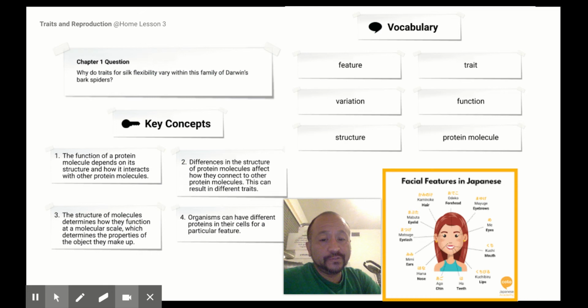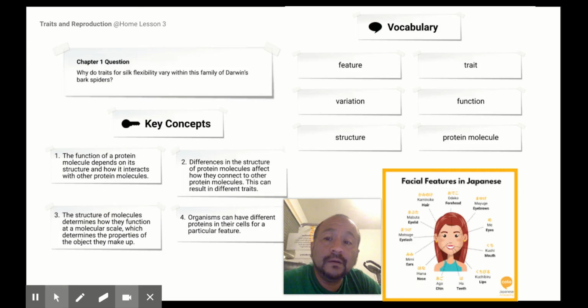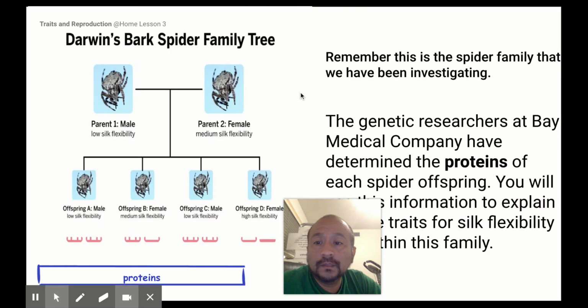Those are all features. When we think of traits, we think of eye color, brown eyes, blue eyes, red eyes. Think about hair, thick hair, curly hair, straight hair.